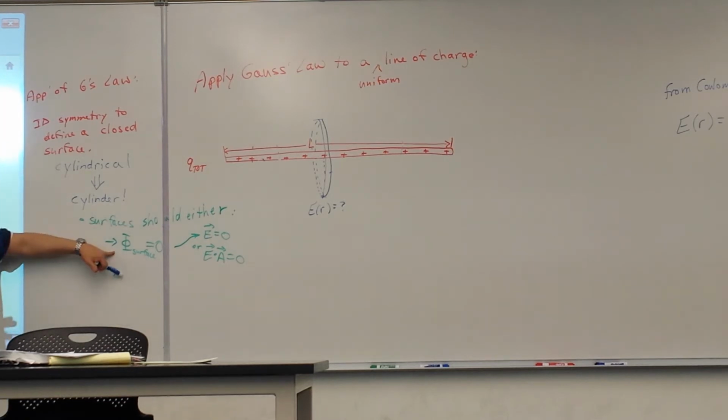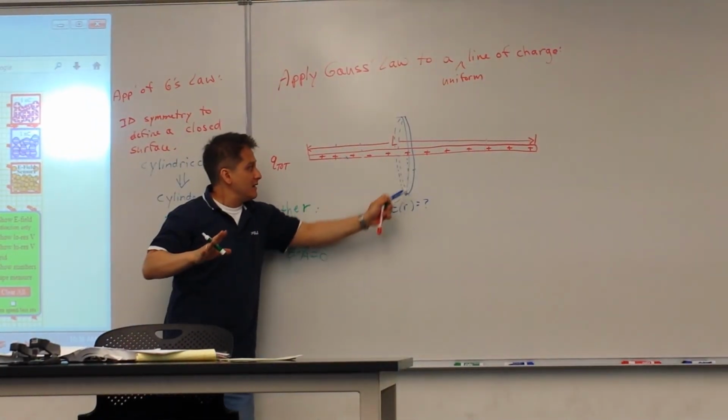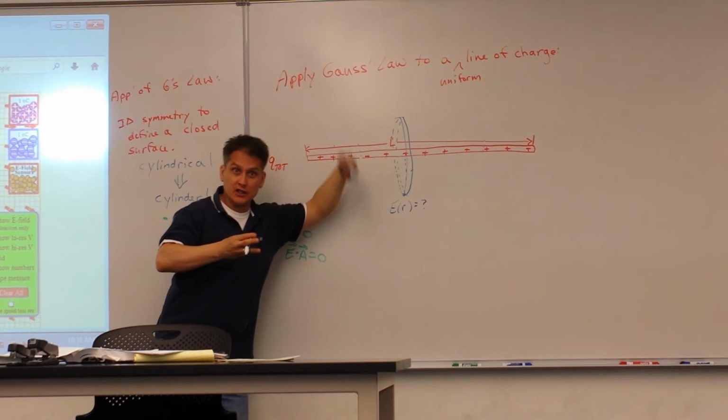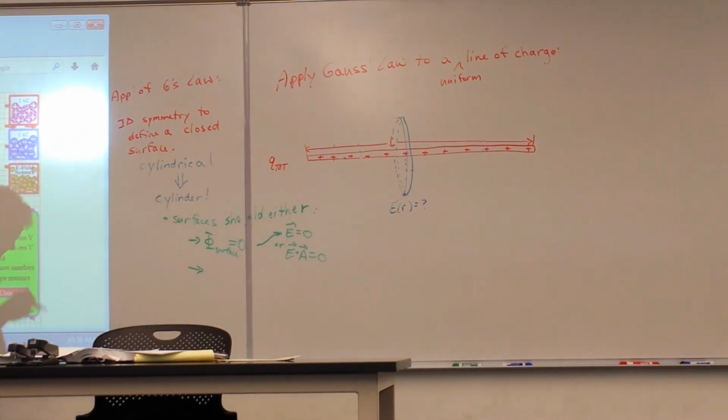Having either of those will allow us to say that over that particular surface, for instance, in the cylinder we've got three surfaces. We've got either face and then we've got the shaft region on the side.